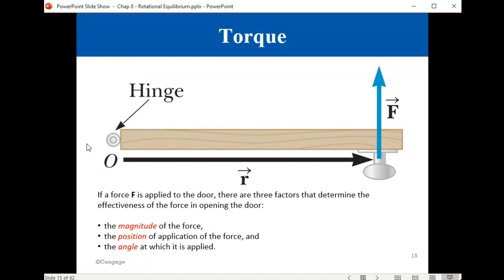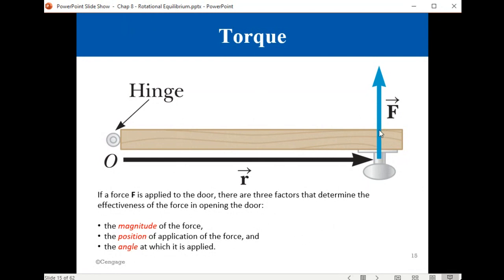The effectiveness of this force that we apply depends on three important factors. The first factor is the magnitude of the force. The second factor is the position, whether we apply it here or halfway here or nearer to the hinge. The location where we apply the force matters. And the third factor is the angle at which the force is applied.